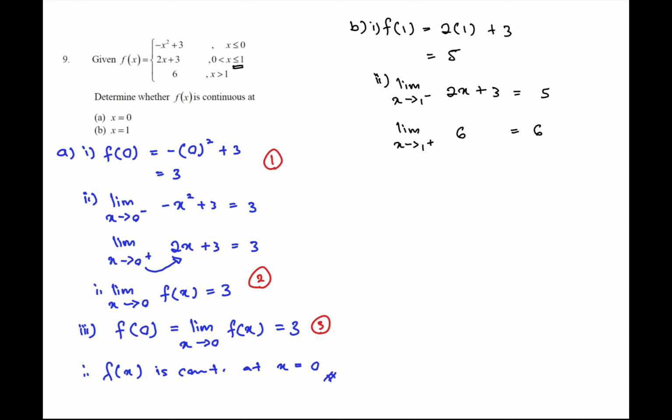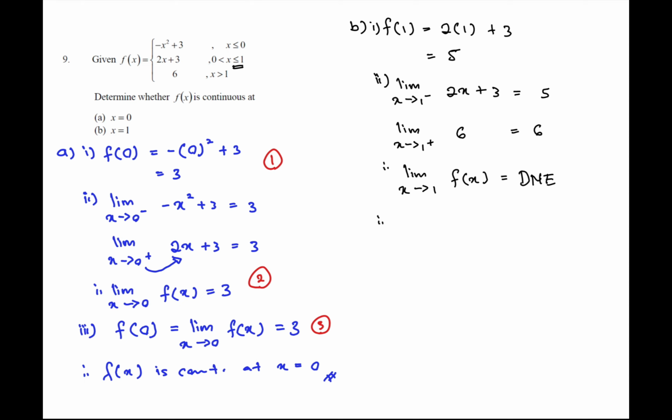Since the limit from the left is not equal to the limit from the right, we can conclude that the limit as x approaches 1 for the function f(x) does not exist. Okay, since the limit does not exist, no need to prove the third condition.